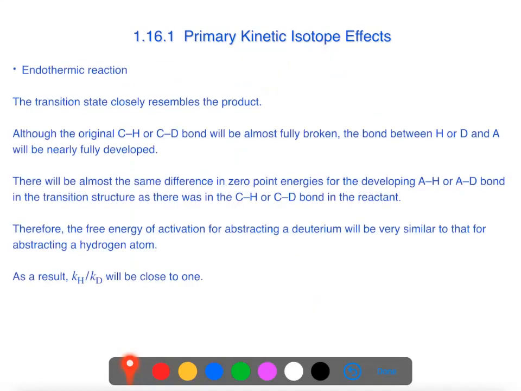For the endothermic reaction, the transition state will closely resemble the product. So although the original CH or CD bond will be almost fully broken, the bond between hydrogen or deuterium and the acceptor molecule will be nearly fully developed. There will be almost the same difference in 0-point energies for the developing AH or AD bond in the transition structure as there was in the CH or CD bond in the reactant.